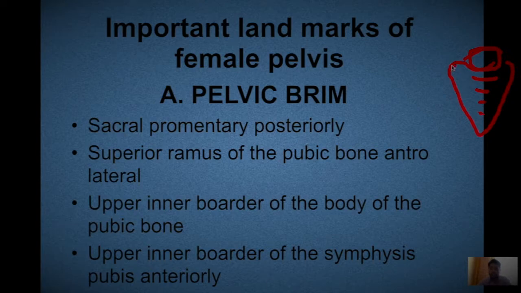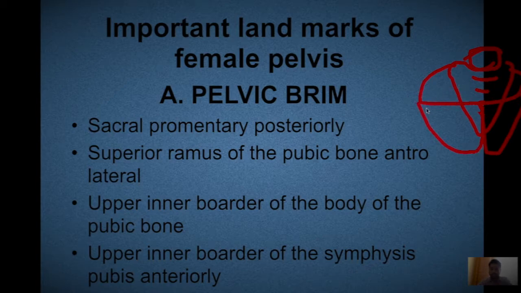So in the pelvic brim, if this is the pelvic brim, this promontory will be on the posterior side, and on the anterior side and lateral side there will be pubic symphysis. So pubic symphysis on anterior side. This is pubic symphysis. Just imagine the upper inner border of the body of the pubic bone.